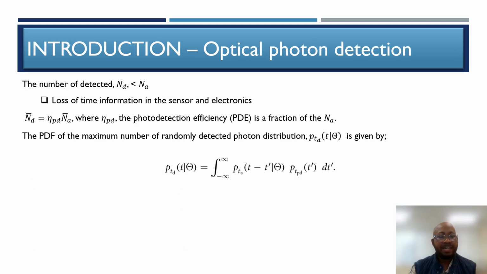Finally, the number of optical photons that are actually detected by the photosensor is also slightly lower than the number of optical photons that arrive at the photosensor. This is due to the loss of time information in the sensor as well as the electronics. The number of optical photons that is detected can also be statistically determined by the distribution function P subscript TD.